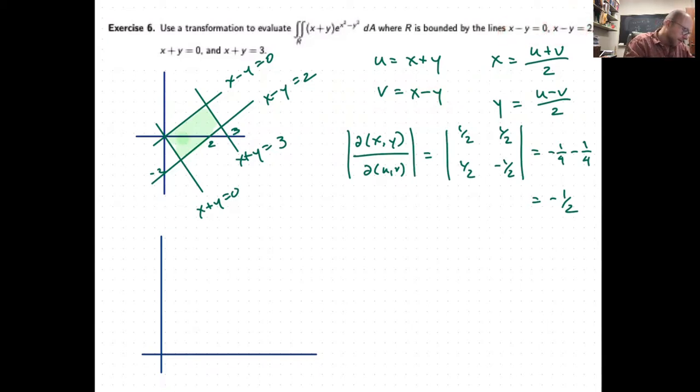Okay. So if this is u and this is v, then I need to draw a horizontal line here of v equals 2, and then label v equals 0, the u-axis. And then the other two are going to be u equals 0 and u equals 3. So likewise, I'm going to draw a vertical line, label it u equals 3, and then u equals 0 for the v-axis.